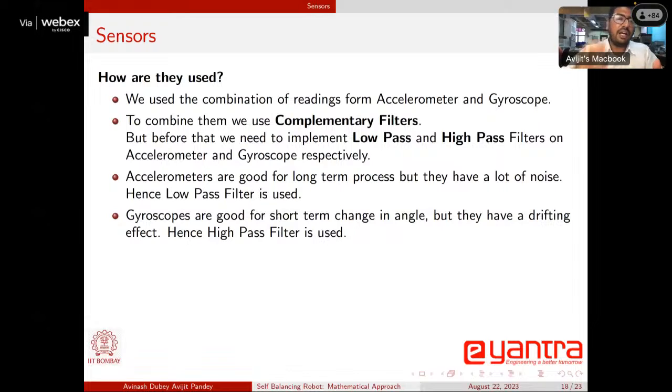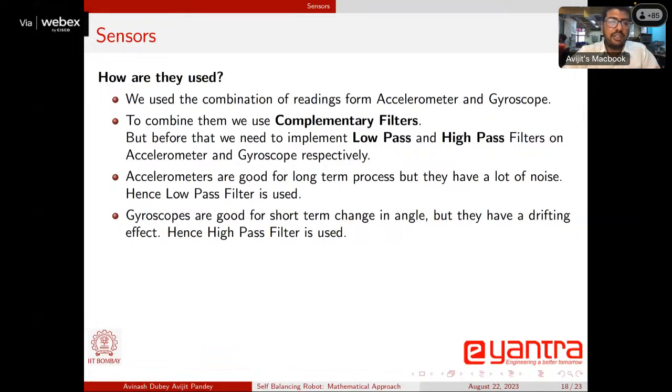Accelerometer data is highly noisy. However, in the long term, it is very reliable. On the other hand, gyroscope value is very smooth, but it has a drifting effect in it. So it is very useful for a short term change, but for a long term change, gyroscope values are not very reliable.